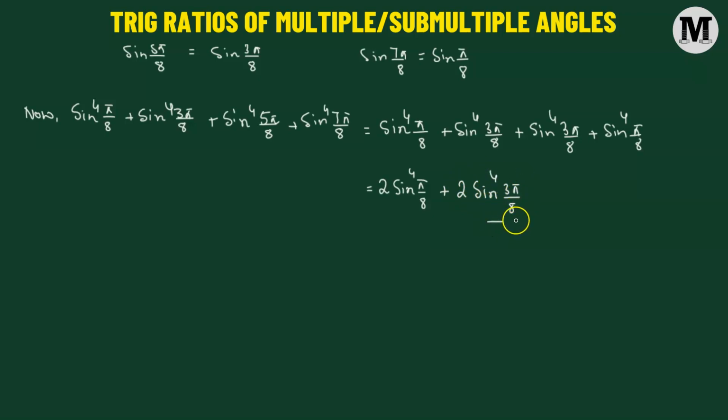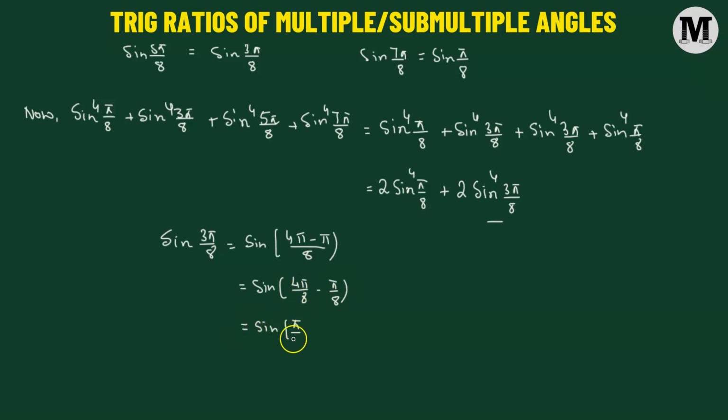Now we can again simplify sine 3 pi over 8. Let's work with that. Sine 3 pi over 8 can be expressed as sine, so instead of writing 3 pi, we're going to rewrite it as 4 pi minus pi, whole divided by 8. Now we get sine of 4 pi over 8 minus pi over 8, which will be equal to sine of, so what's 4 pi over 8?